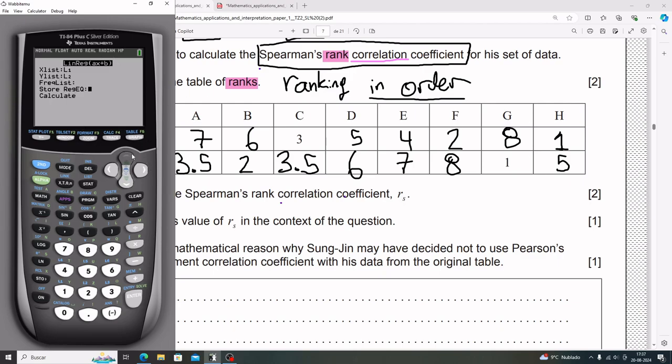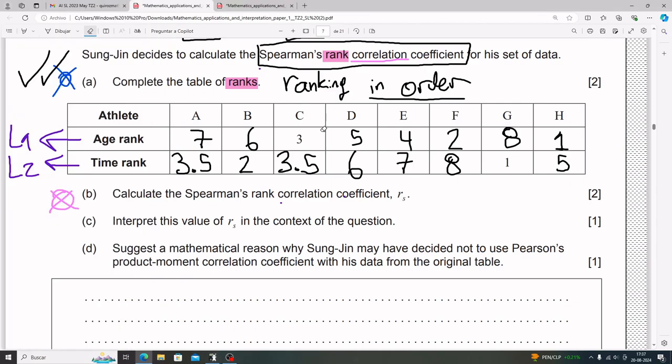Now, just so you know, frequency list is if you ever had a frequency list associated to this table, and store RegEQ helps you store it into your y equals over here if you ever want to graph it. We will never want to graph it because it's a waste of time, with all due respect. For our interests and purposes, we just need the value of RS.